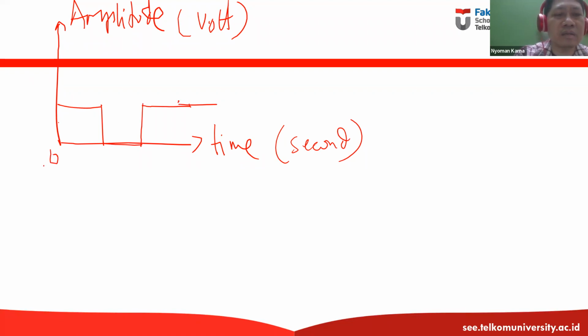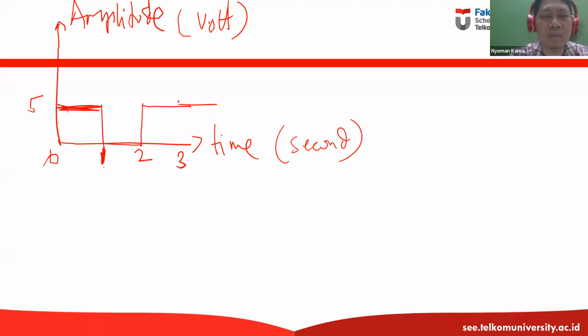So that means maybe, for example, this is 0 and this is 5, and this is 1 and this is 2, and then this is 3. Between the time of 0 to 1, the voltage is 5 volt in here.